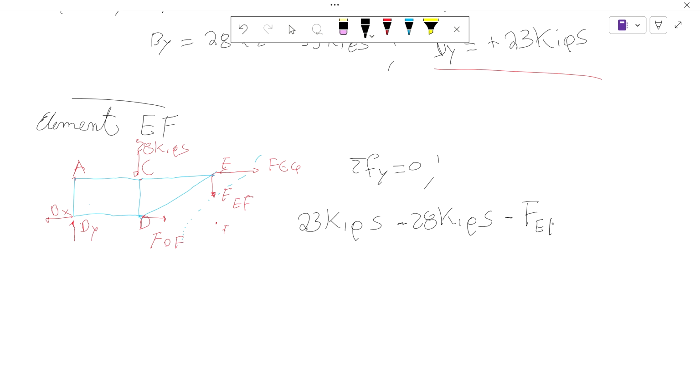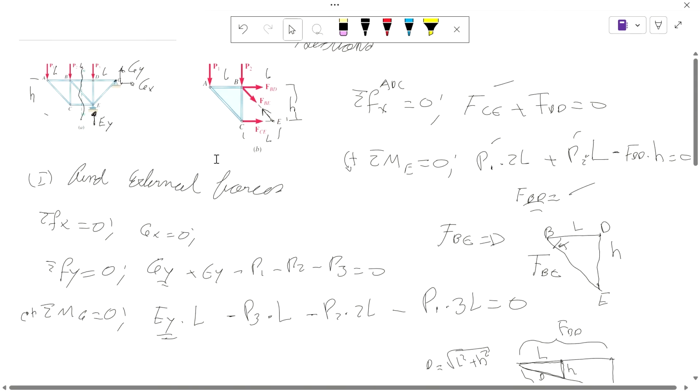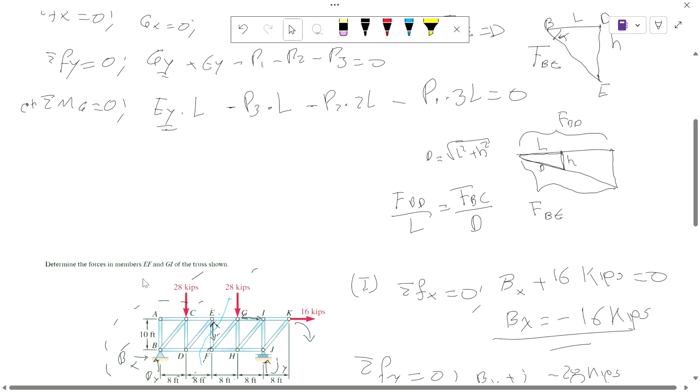Force from E to F equals 0. So force E to F is equal to 23 minus 28, and that is minus 5 kilopounds. Great. So we already found one, and they're asking for two. They're asking for EF and for GI.